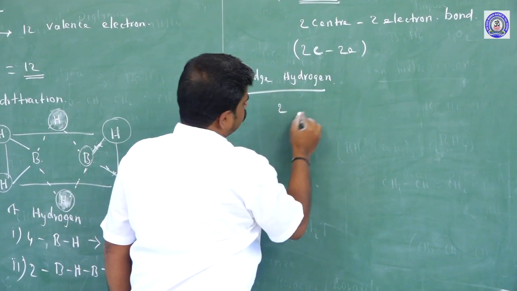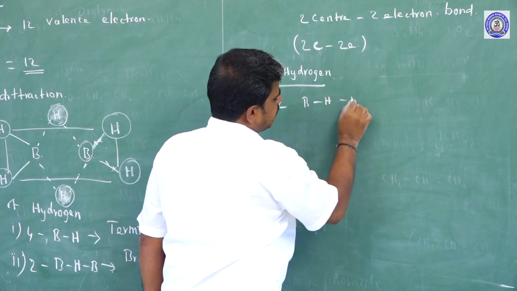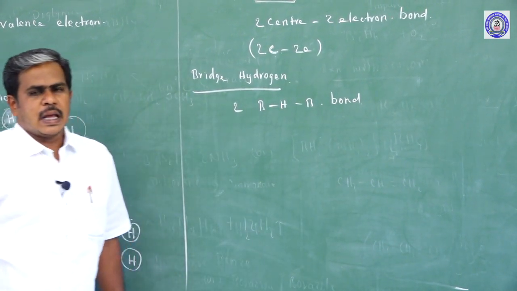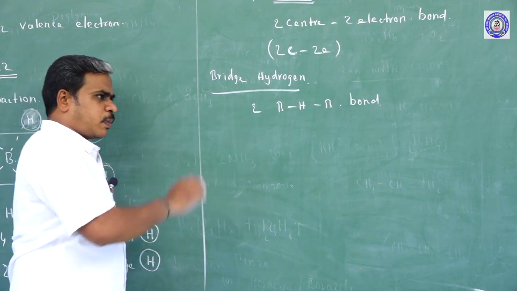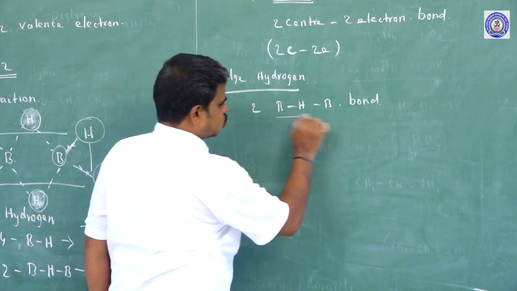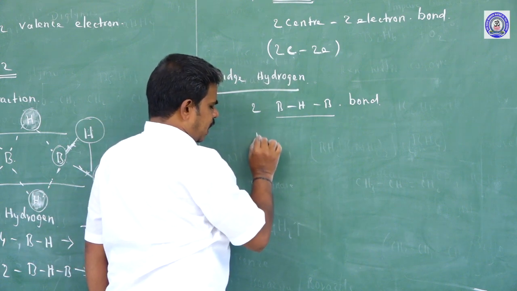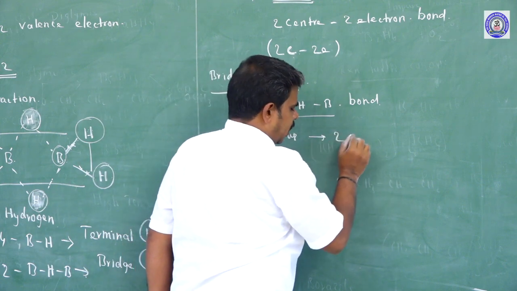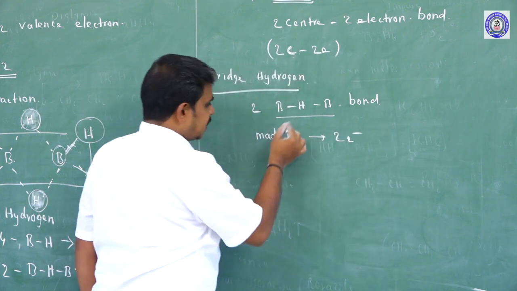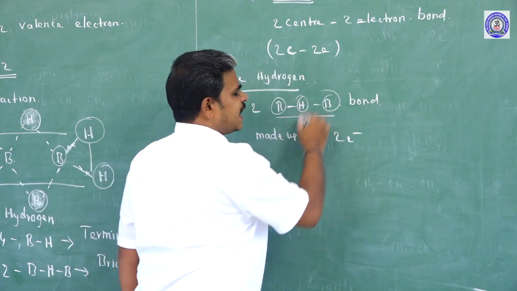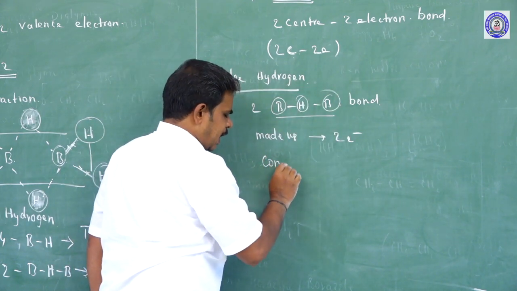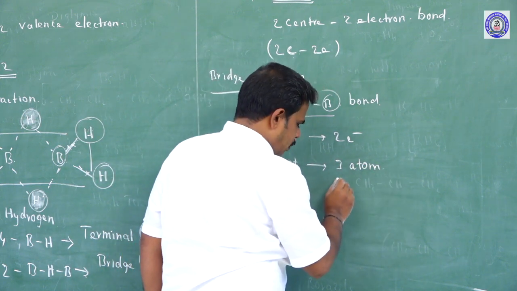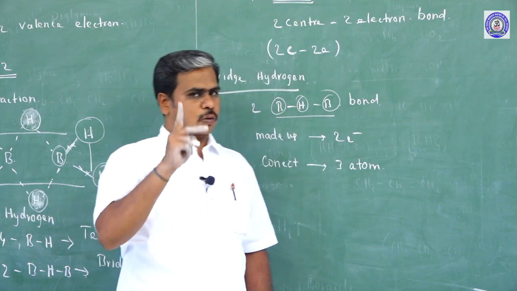There are 2 BHB bonds. Each bond is made up of only 2 electrons, but it connects 3 atoms: 2 boron and 1 hydrogen.